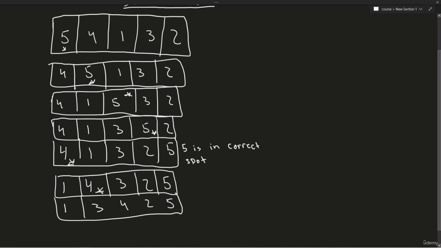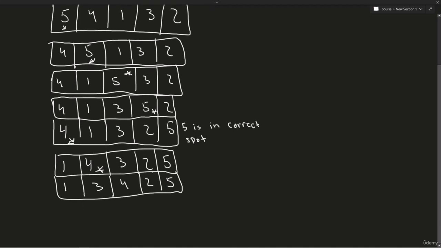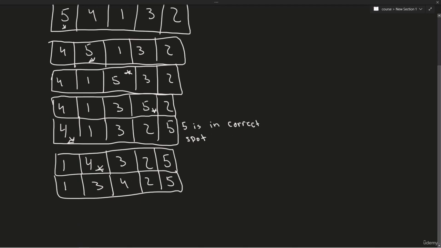So you're starting to see why this algorithm might not be the most efficient one of all the sorting algorithms that we will learn. We're still at 4, and 4 is greater than 2, so 1, 3, 2, 4, 5. We know that 5 is in the correct order already, so now we're done with 4.